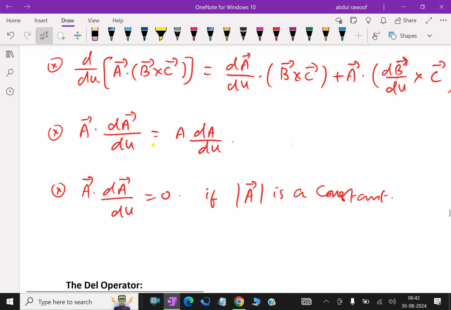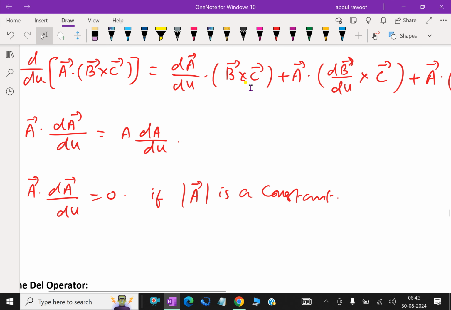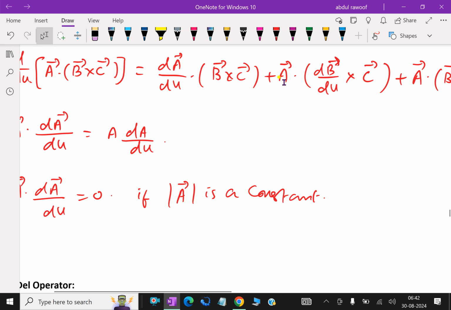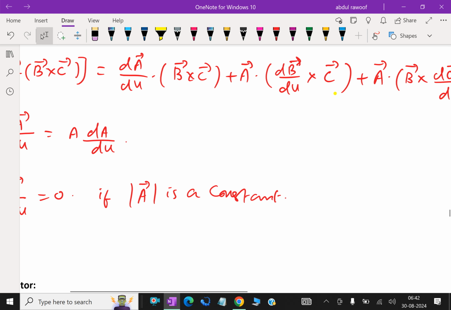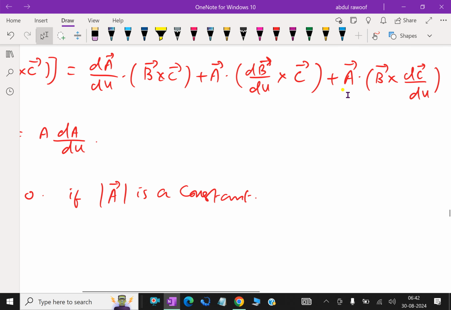Next, the derivative of the scalar triple product, d by du of A dot B cross C, is equal to dA by du dot B cross C plus A dot dB by du cross C plus A dot B cross dC by du.